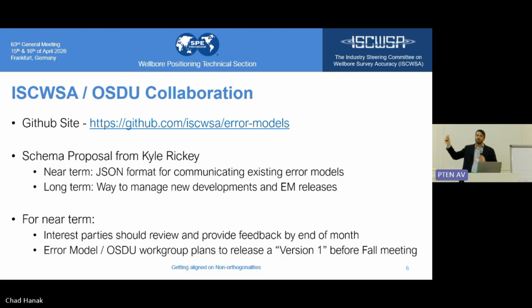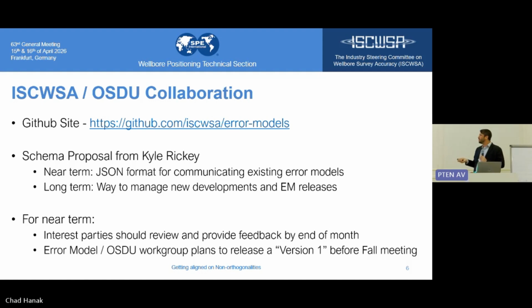There's going to be a JSON format and a schema defined for how we can communicate and validate the existing generic error models in the JSON. And then this is also going to be the basis for some extensions we want to do to the error model. But because the OSDU would like this soon, we are going to have something released before the next meeting.